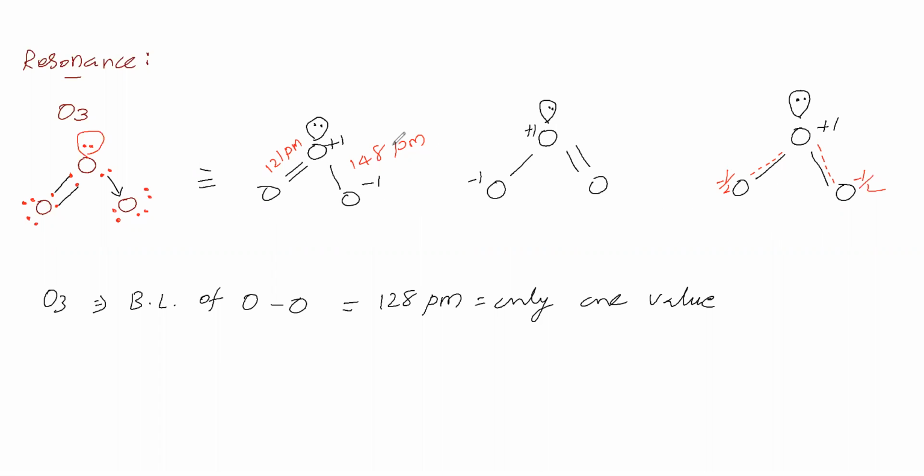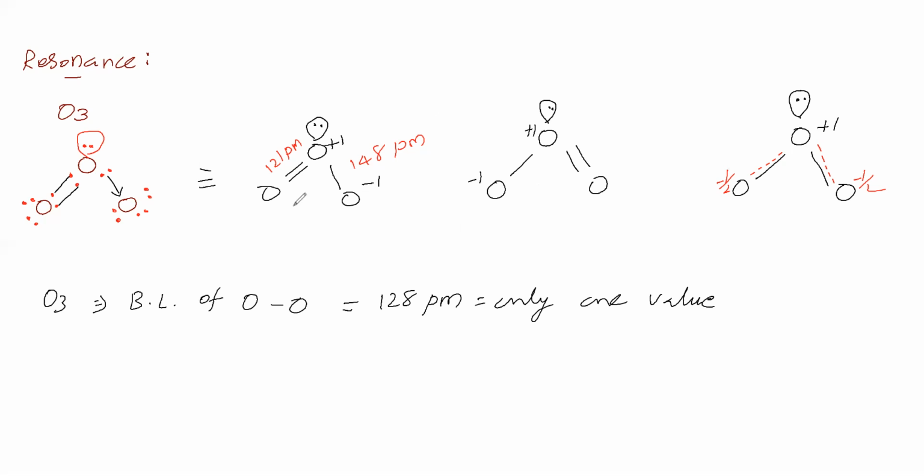This structure has given some contribution for writing the actual structure, and this structure also has given some contribution. Therefore, we can say these two structures are contributing structures for writing this actual structure. That means this actual structure is in between these two structures.